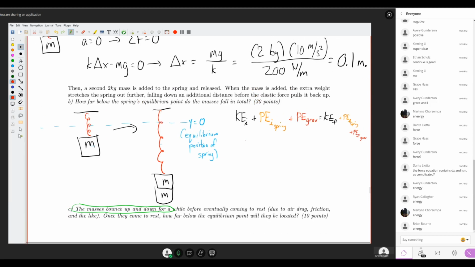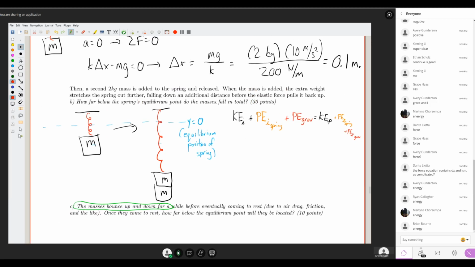Now, this is asking how far do the masses fall in total? So we want to know that distance.